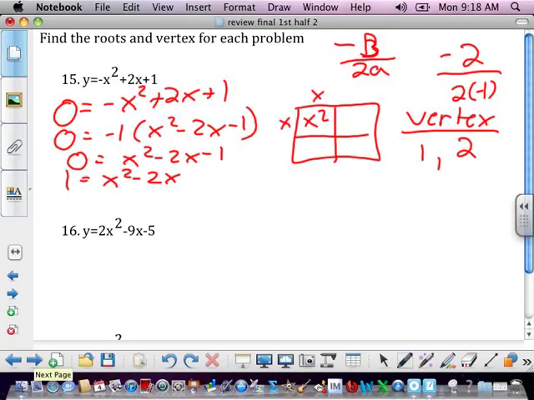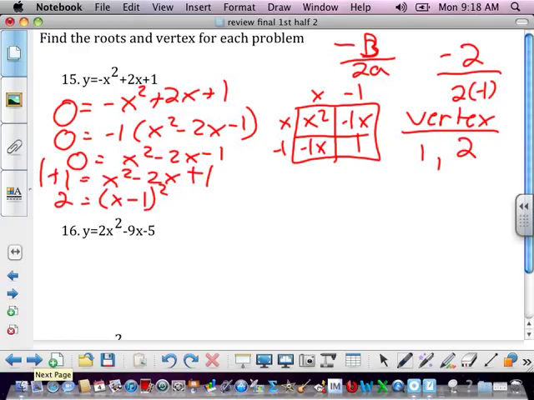Okay. What am I going to do to figure out how to do the box? What's half of negative 2? Negative 1. 1 times 1 is 1. I'm going to add 1 to both sides. We get 2 equals, but instead of x squared minus 2x plus 1, I'm going to put x minus 1 squared.